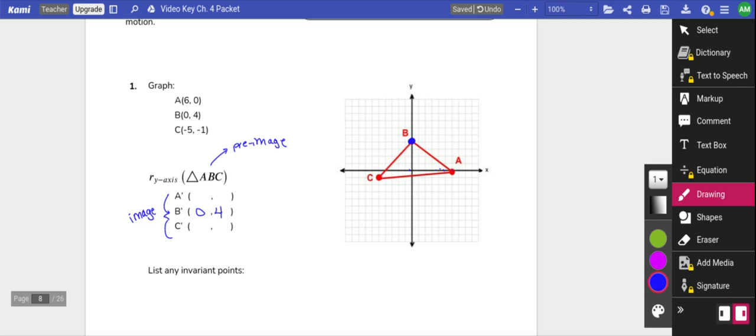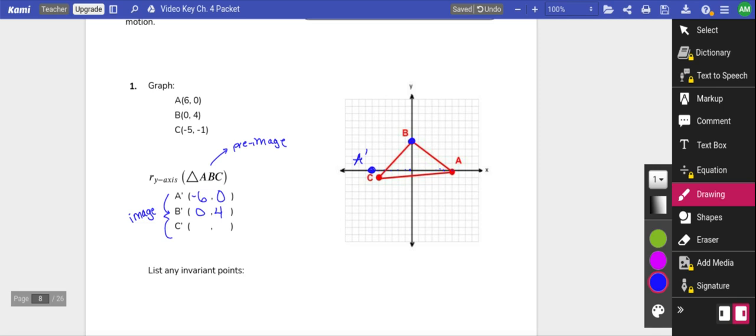And then you're going to continue past the line and count another 6, the same distance. Here's point A prime. And I can name that point right now. That point is at -6, 0.